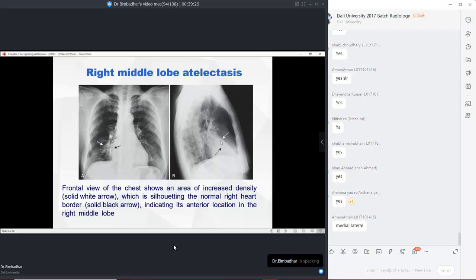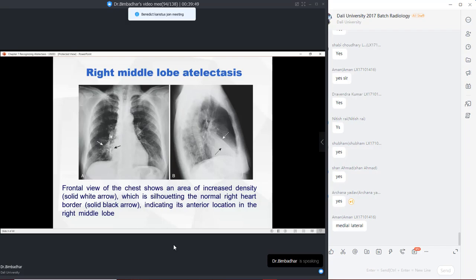Both of them will be combined together because there is a collapse of the right middle lobe. Which means the right middle lobe is sandwiched between the fissures, which I'm looking at on the lateral side. Did you understand? Are these two signs clear?